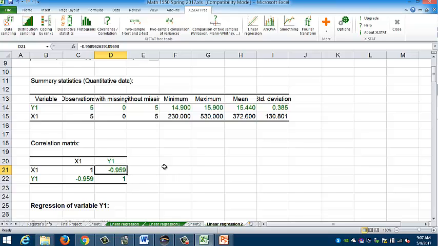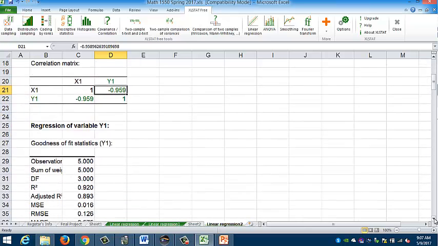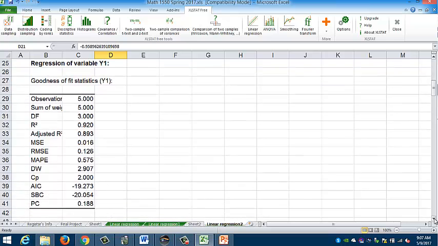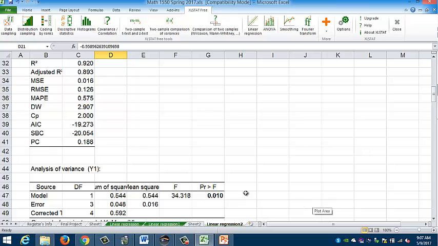So the critical value you can either get from a table in the book, or the p-value. We can look at that ANOVA table. So let me go down to where it says analysis of variance table. Yeah, 0.01.